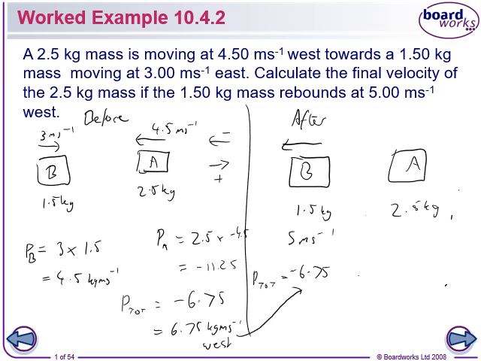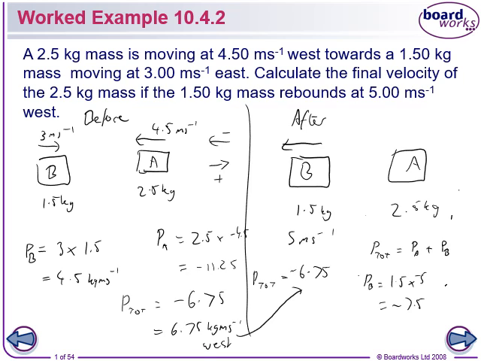Our total momentum is made up of the momentum of A plus the momentum of B. We have our total momentum. We're going to work out the momentum of B, then we'll be able to work out the momentum of A. Momentum of B is 1.5 times 5 in the negative direction, so negative 7.5.